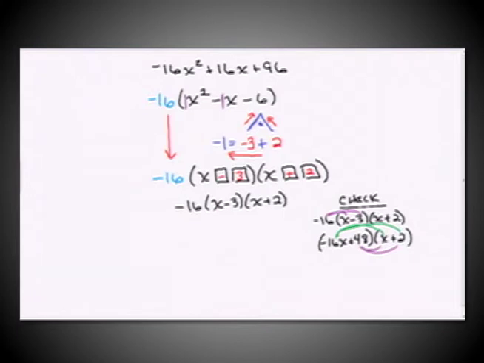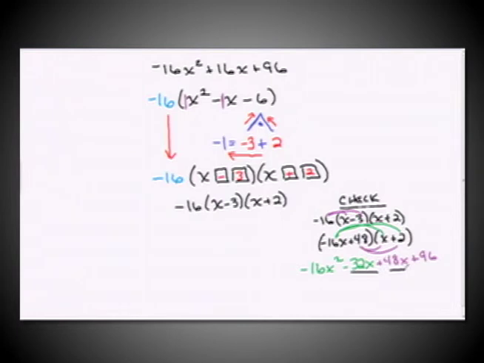Negative 16x times x is negative 16x squared. Negative 16x times 2 is negative 32x. Coming back and distributing the 48, we have 48 times x, which is positive 48x, and 48 times 2, which is positive 96.